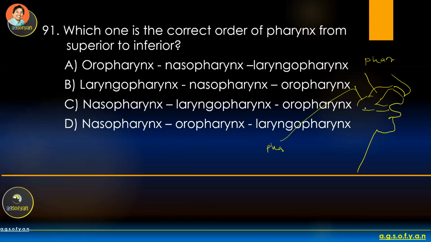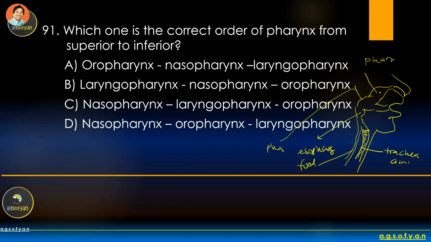And then from these two, the pharynx continues and then separates. The air will go to the trachea, and the food will go to the esophagus. Trachea for air.